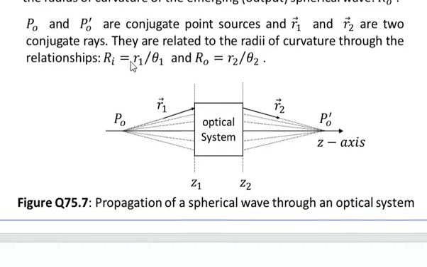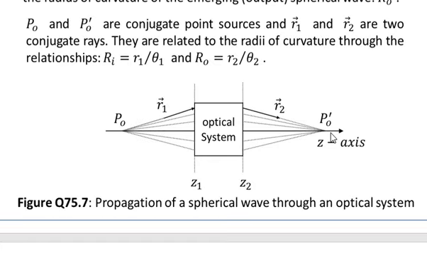For example, consider an optical system in which P0 and P0 prime are the conjugate point sources, with R1 and R2 conjugate rays emanating from these or going or focusing towards them. For example, R1 is emanating from P0 and R2 is going towards P0 prime. So P0 and P0 prime are the images of each other.